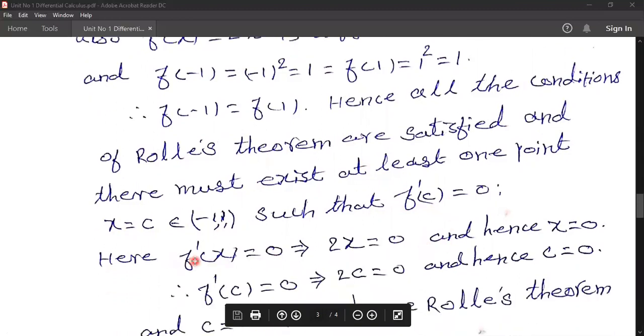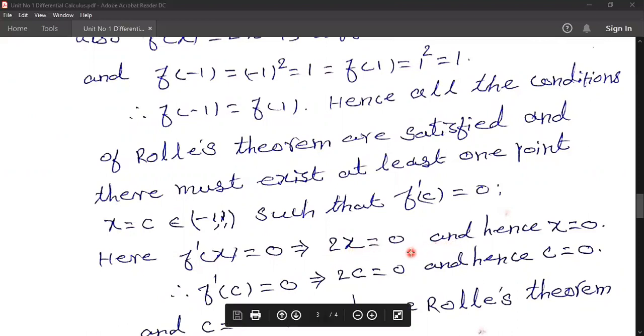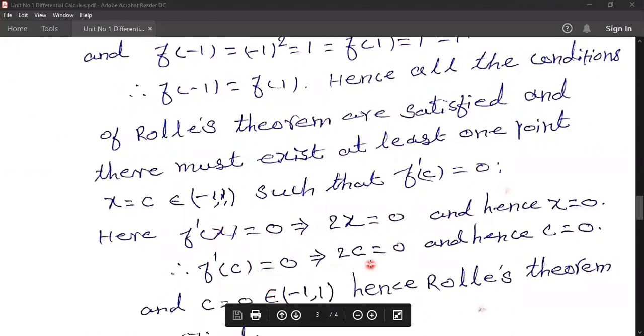So from the first derivative, we have f dash of x equal to 0, implying 2x is equal to 0, and since 2 is not equal to 0, x must be equal to 0. Therefore, f dash of c equal to 0 implies 2c equal to 0, and hence c is equal to 0.